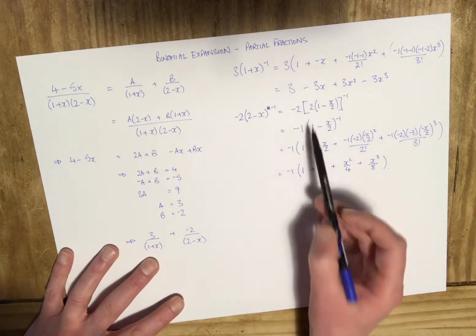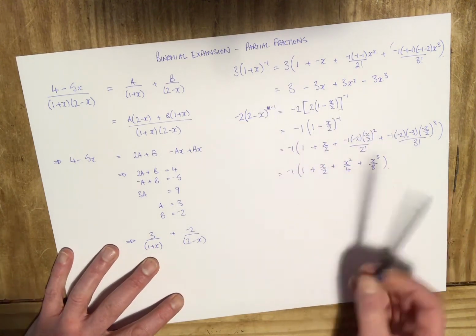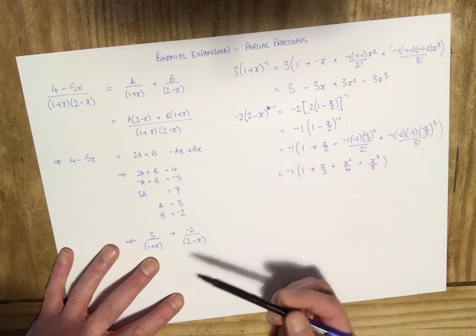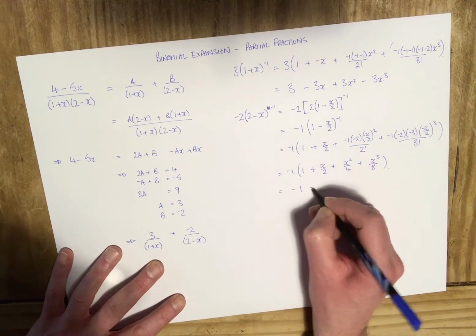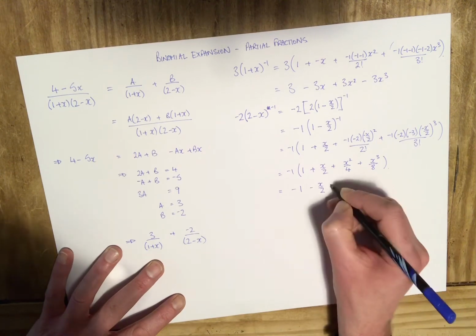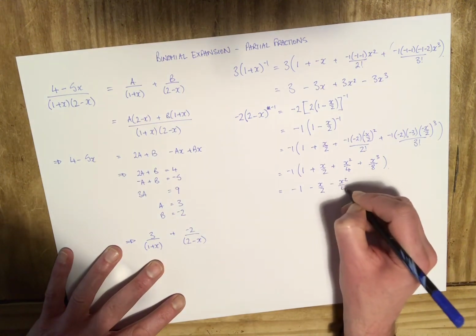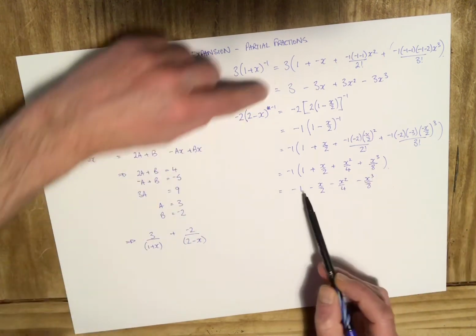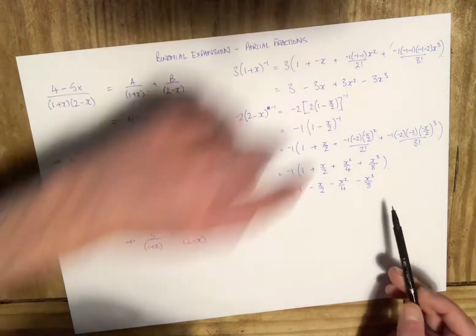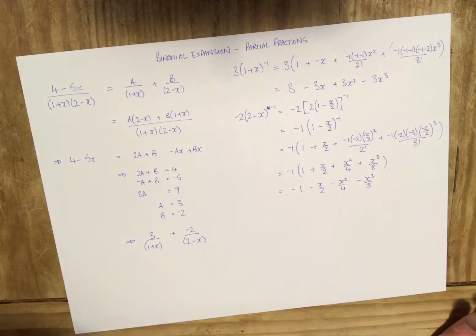Okay, and now we add our expansion from the first one and our expansion from the second one together. Let's just multiply all this out. Minus 1 minus x over 2 minus x squared over 4 minus x cubed over 8. So I'm now adding these two expressions together, and that'll give me my final answer.